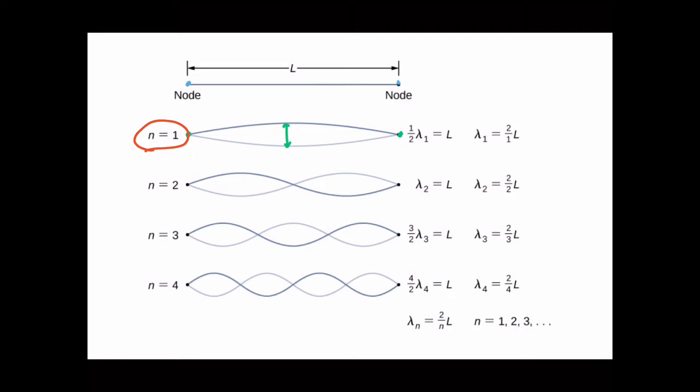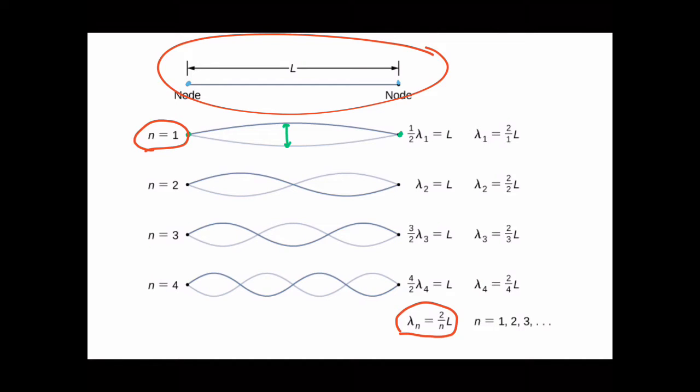This occurs when exactly half of the wavelength fits in the string, while for n equals 2, a full wavelength fits in the string, and so on. The formula generally used to figure out the wavelength for a certain harmonic is wavelength equals 2 divided by n times L, and L is the part of the string that is vibrating, like so.